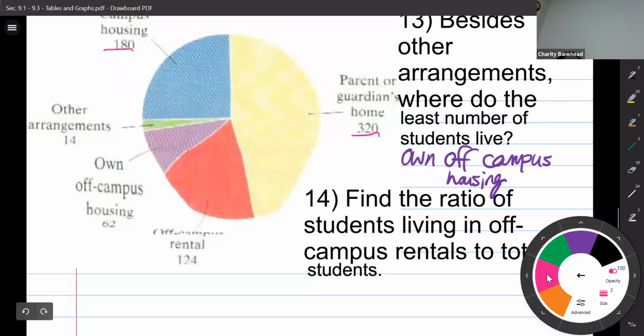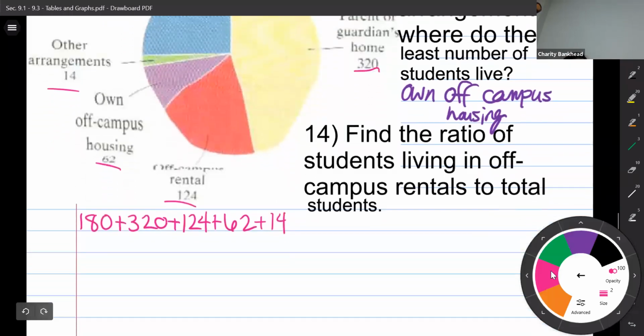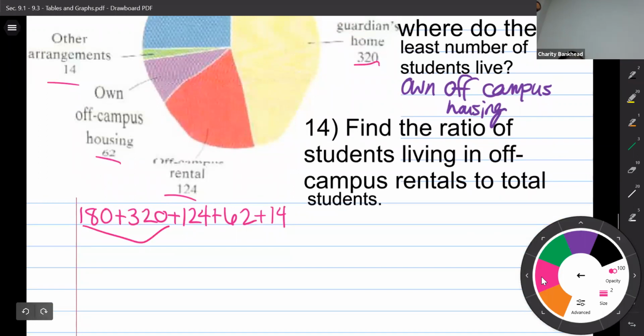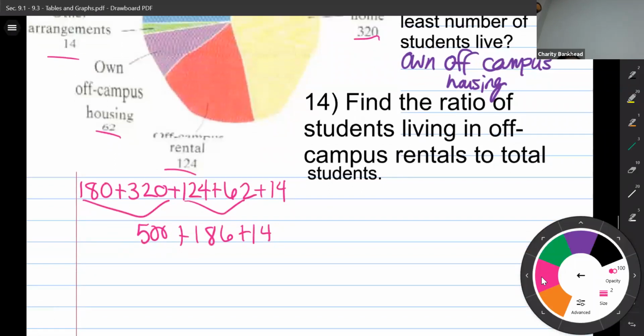So like 180 plus 320 plus 124 plus 62 plus 14. Add all of those up. That'd be 700.